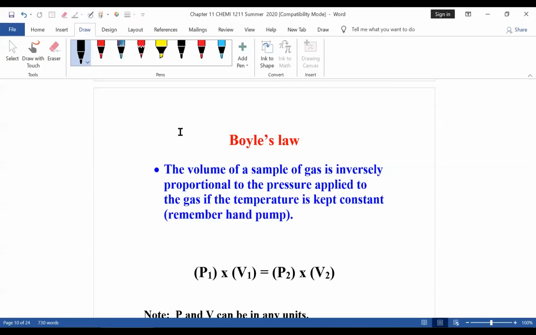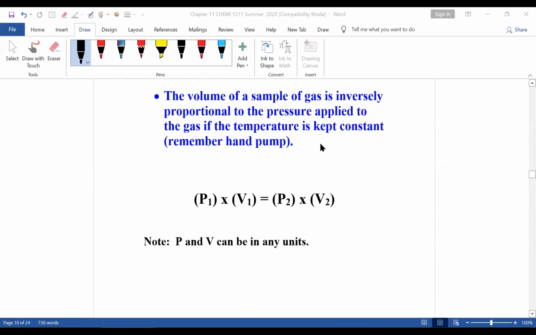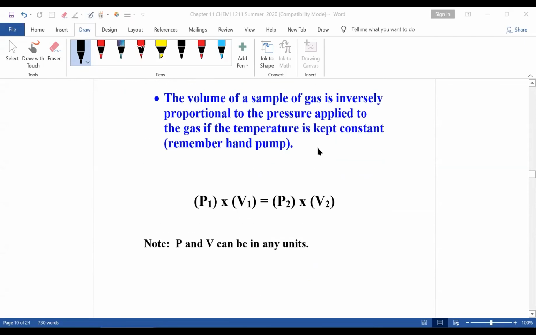What Boyle's law really is, is P1 times V1 equals P2 times V2. I don't have it on here, but let me write it now. P1 is the initial pressure.